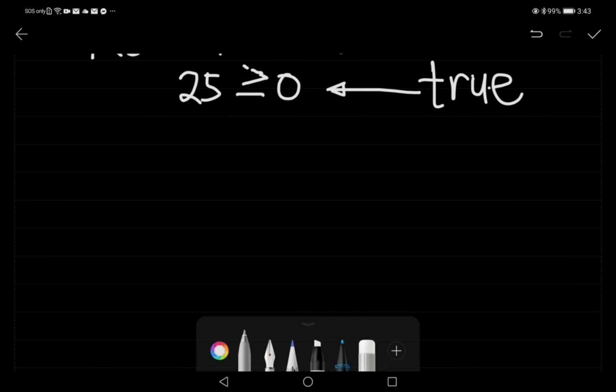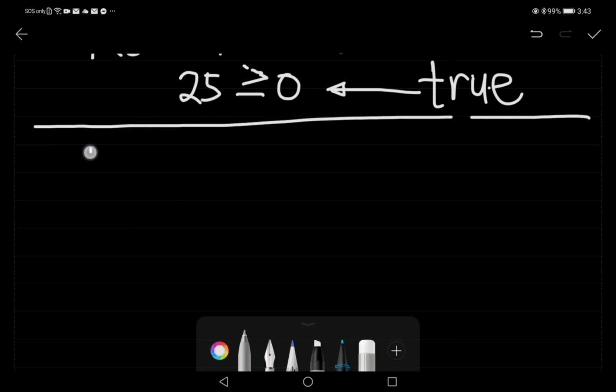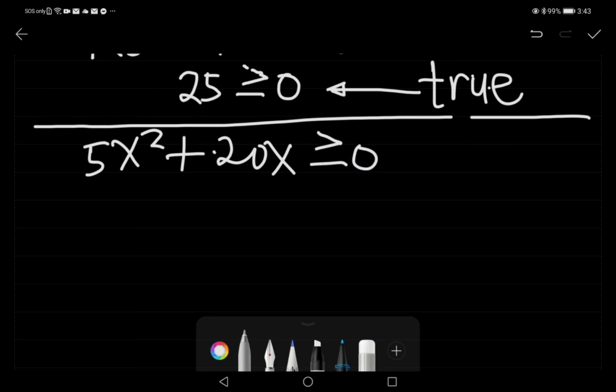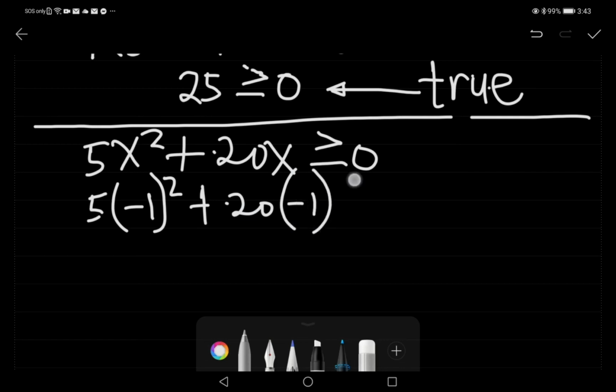So from the given inequality, 5x squared plus 20x is greater than or equal to 0. So, itong gamitan negative 1, itong i-substitute sa x. 5 times negative 1 squared plus 20 times negative 1 is greater than or equal to 0.